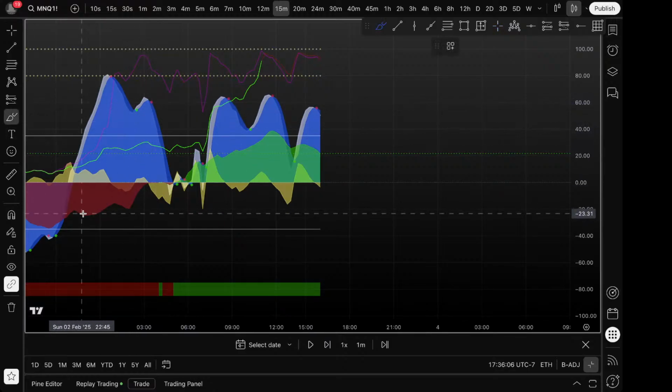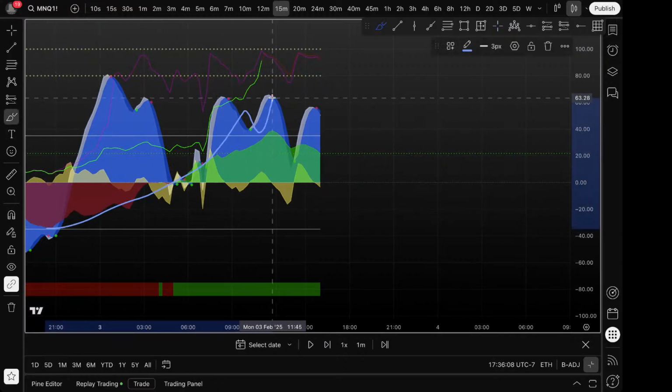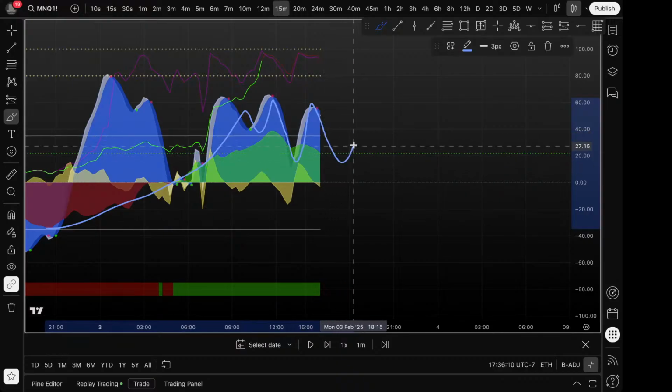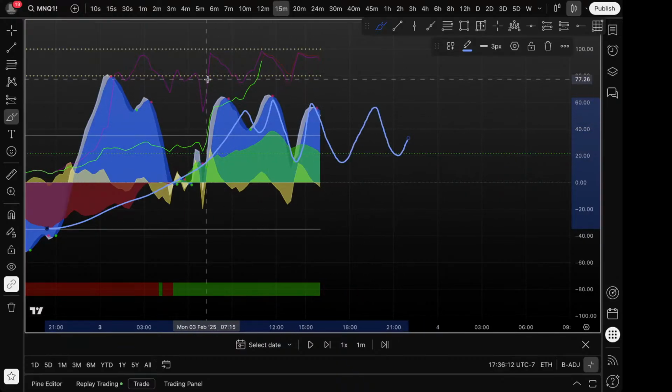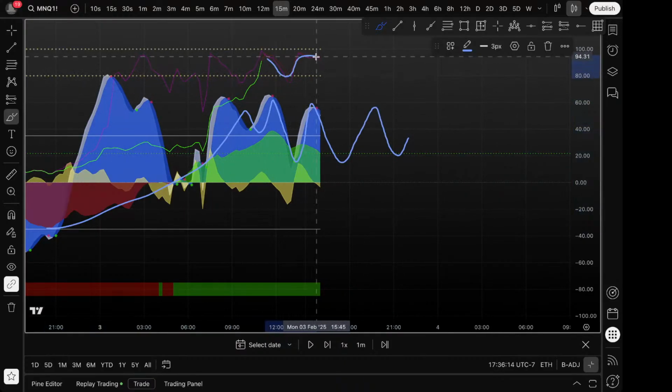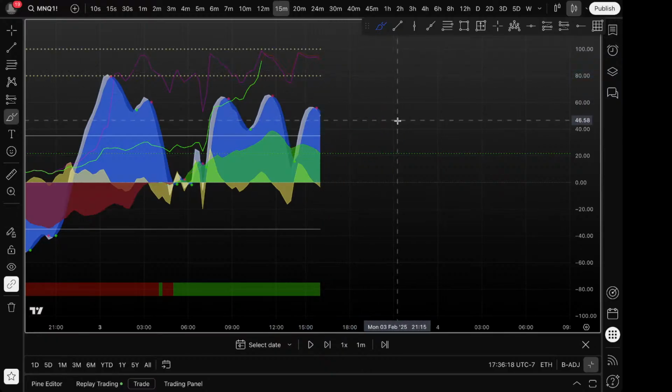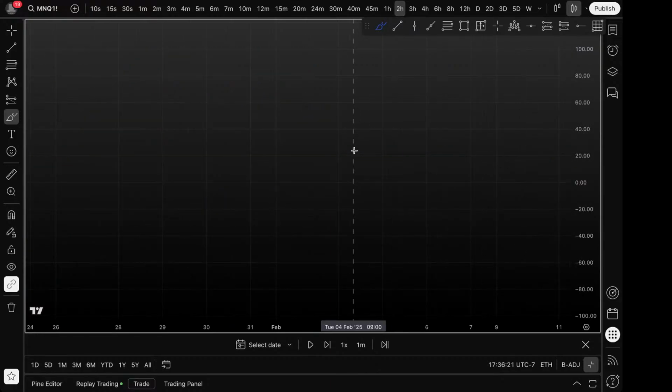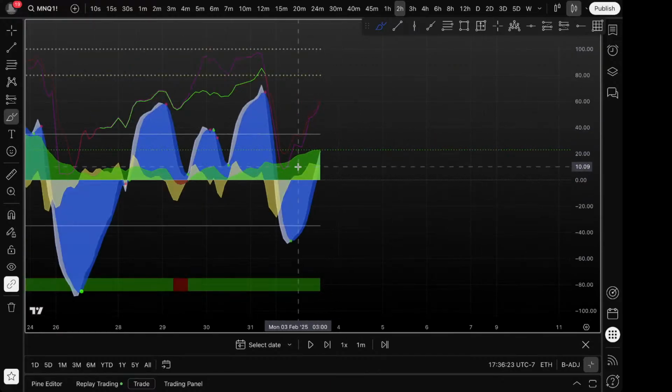See, this is a strong move. You know, she can kind of keep going. Once we get up here, she could keep flowing. 2 hours got some power.